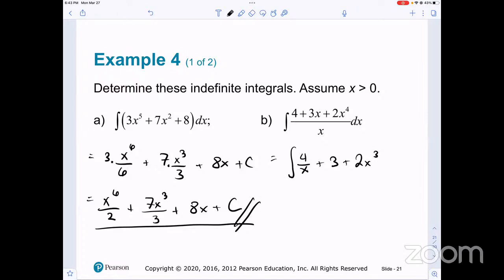When we integrate, the first one is 4 times the natural log of x, so 4 ln of x. The integral of 3 is going to be 3x. If we add 1 to x cubed, it's x to the 4 over 4, so it's going to be x to the 4 over 2, plus some constant.